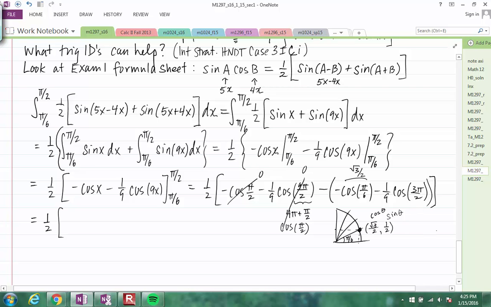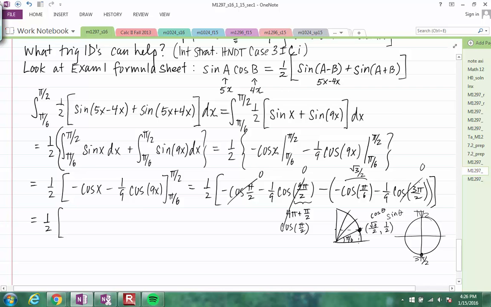Alright, 3 pi over 2. Cosine of that is, oops, that's kind of a funky circle. Looking at the unit circle, pi over 2 is here. This is pi over 2, pi over 2, and then 3 pi over 2 is down here. So if I'm going to find the cosine of that, that is the x coordinate, which is 0.